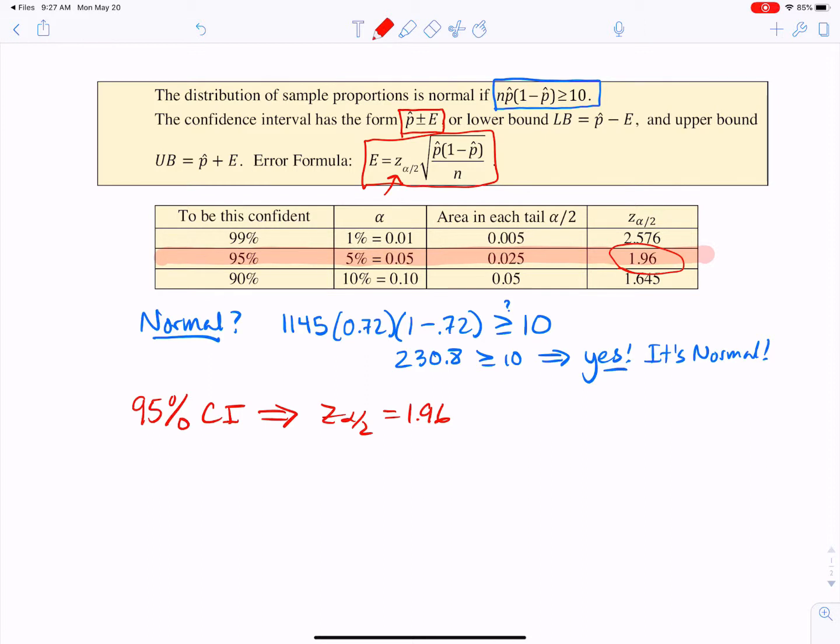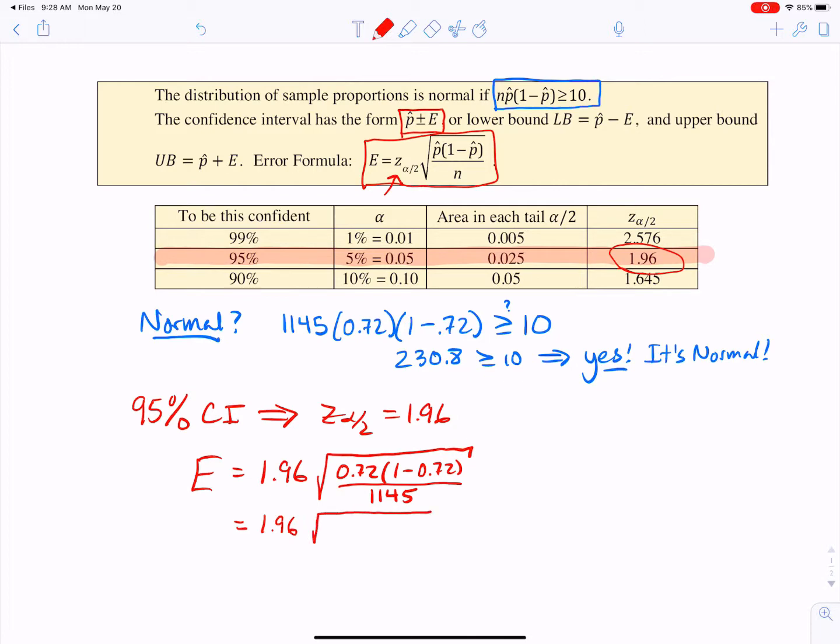And then the error is equal to that number, 1.96, times the square root of p hat, which was 0.72, times 1 minus 0.72, divided by the sample size, which is 1145. It's important to notice that the square root is of all this stuff that's on the inside. So order of operations would tell us to do the multiplication, then do the square root, and then last multiply by 1.96. So I'm going to make that clear by writing out all the steps.